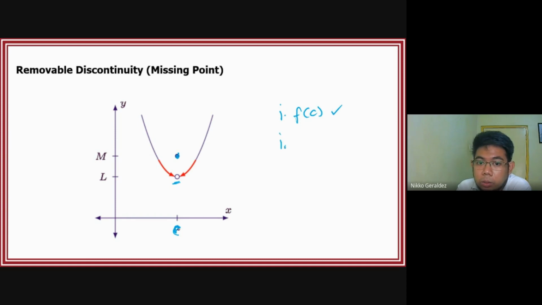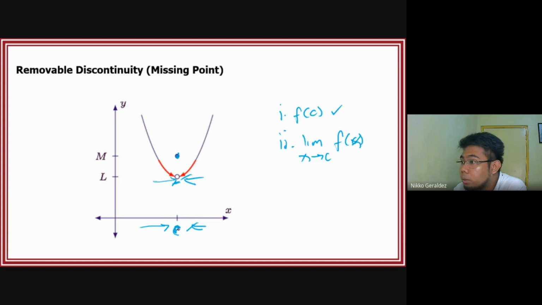Then, solve mo limits from the left and from the right. So, condition number 2, at removable discontinuity, masasatisfy yun. Limit of f of x as x approaches c exists. Mag-i-equal dyan yung right-hand limit and left-hand limit mo.